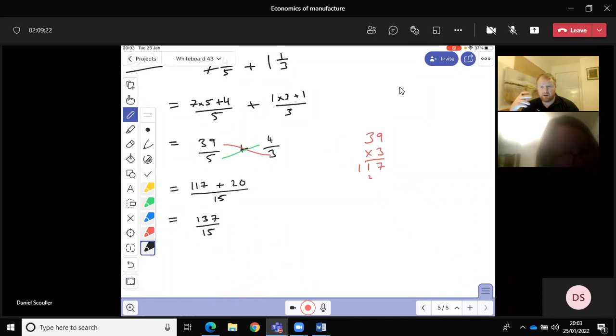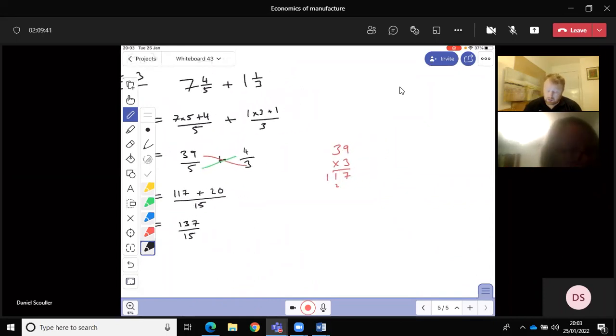So there's nothing there that I can divide both of those numbers by to simplify it. So I'm just going to go through my 15 times table, which sounds ridiculous, to simplify that fraction down.